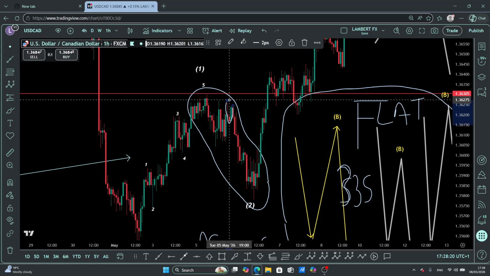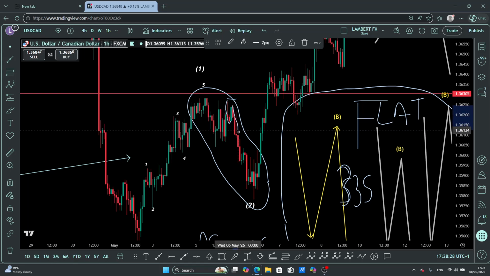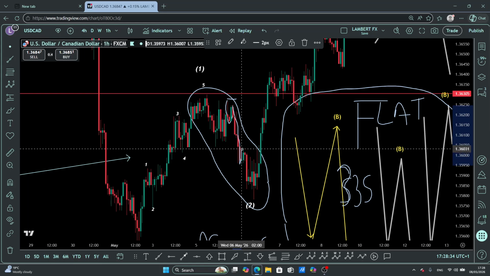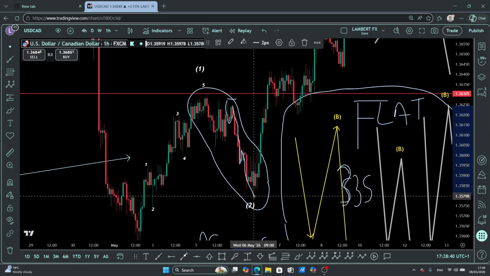The pullback did not go above where the 1 started from. So that's your 2. Okay, and then you had all this down here for 3, and then you had your pullback for 4. And then you had the final leg down for 5.